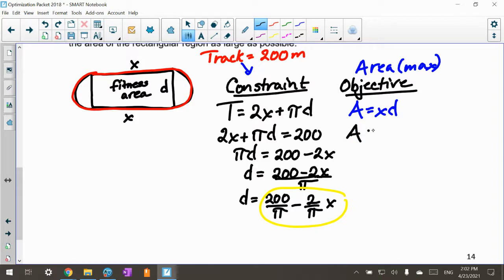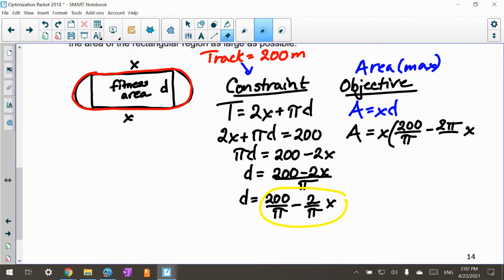So the area equals x times 200 over pi minus 2 over pi x. Sorry about that, I get going so fast. Let's try this again. It's going to be minus 2 over pi x.